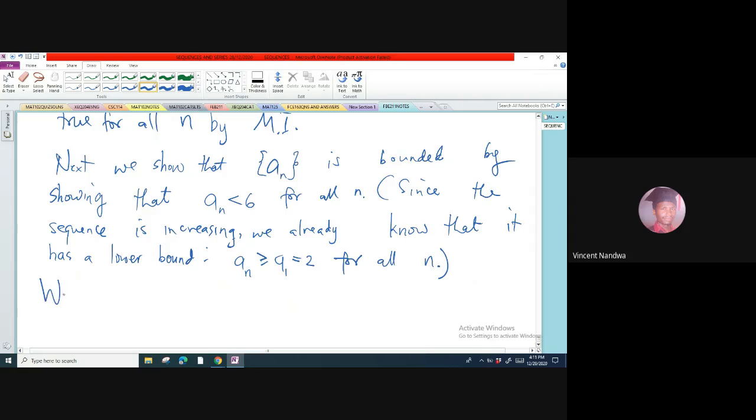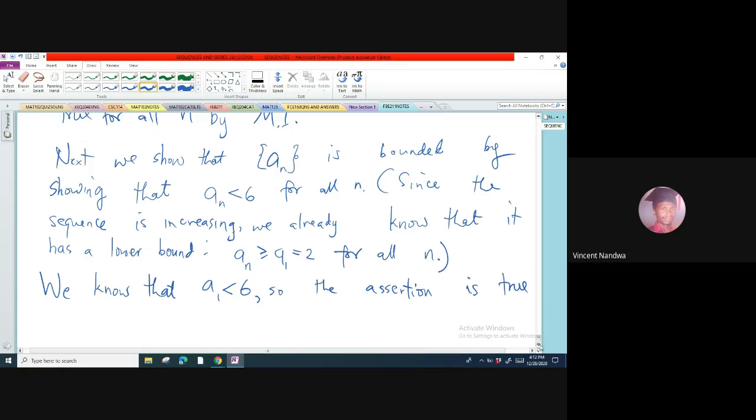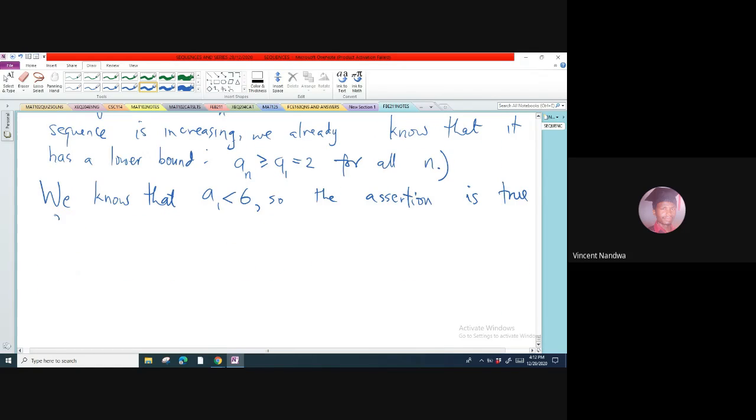So we know that a1 equals 2 is less than 6. So the assertion is true for n equals 1.